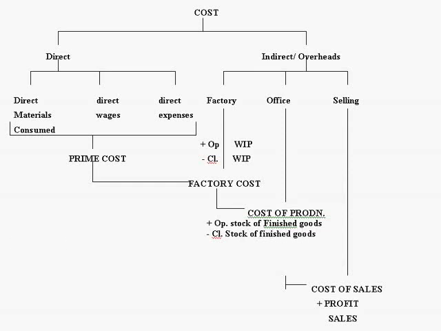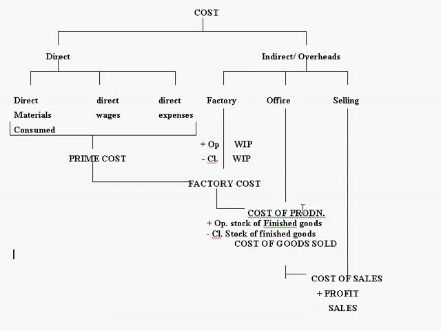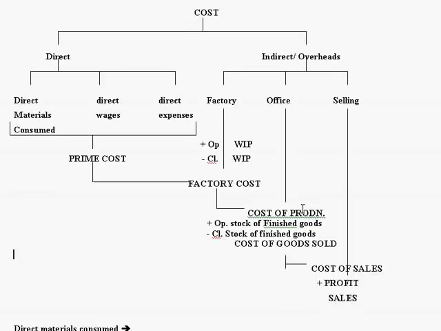And now what I will get is called cost of goods sold. And now to this cost of goods sold, I can add selling and distribution cost, and the total will be called cost of sales.